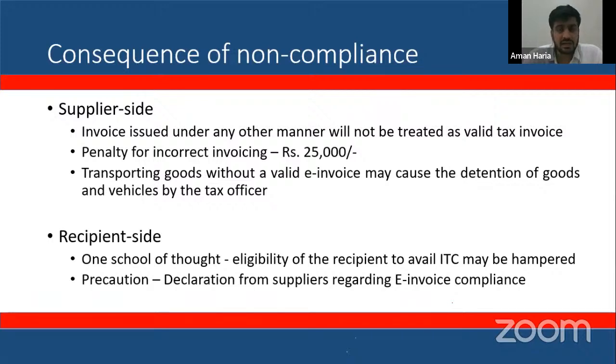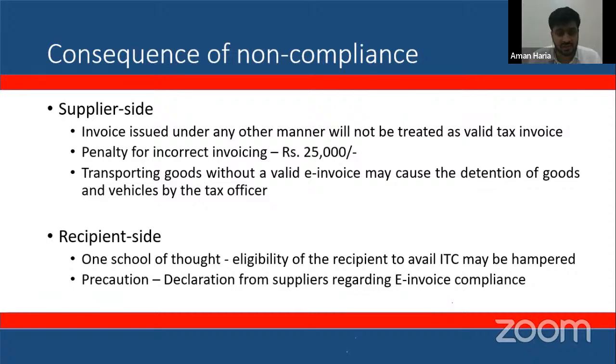Additionally, I would also like to highlight that with effect from 18th July 2022, the government updated the tax invoice rules, wherein those taxpayers whose turnover exceeds the threshold limit, and yet are not required to generate e-invoice because of certain exemptions, are expected to declare a note in their tax invoice which clearly says that even though their turnover is greater than the threshold limit, they are not required to generate an e-invoice.